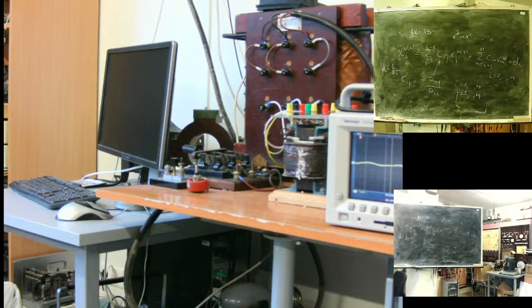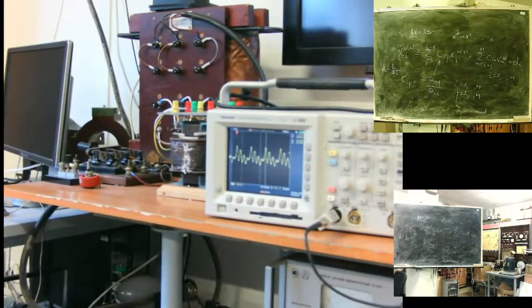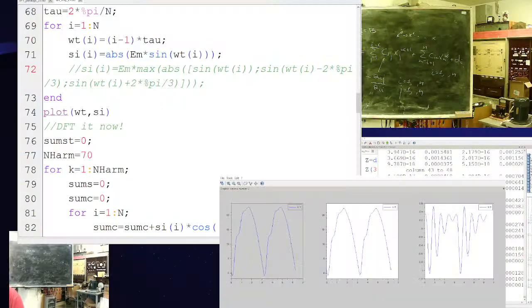Wait, come on. Node 3. Here it is, my node 3. What will you say? One moment.